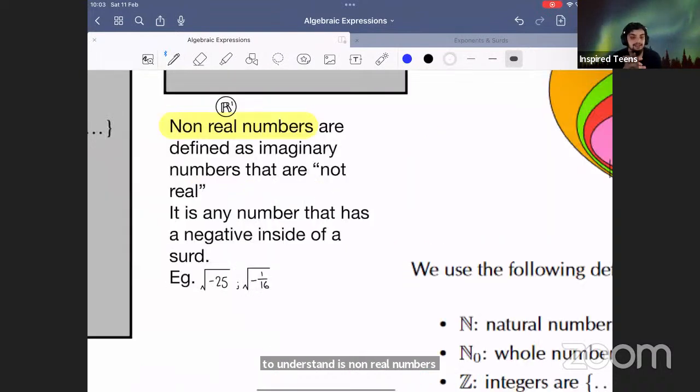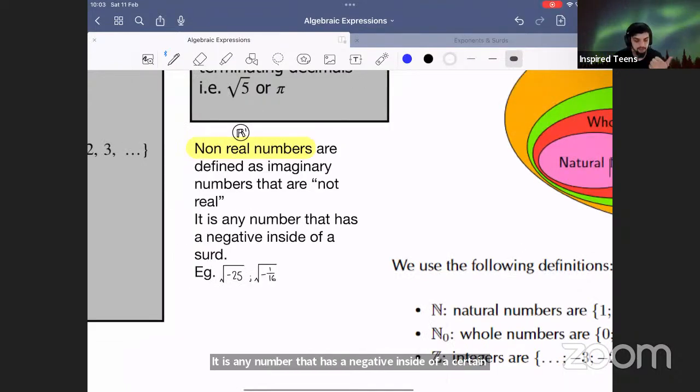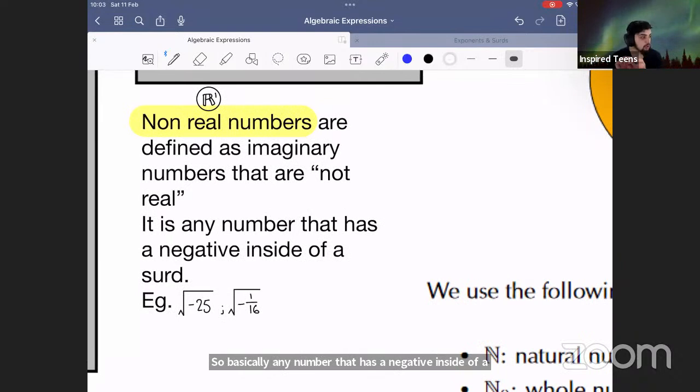Non-real numbers are defined as imaginary numbers that are not real. It is any number that has a negative inside of a surd. Simply put, any number that has a negative within a surd is a non-real number.